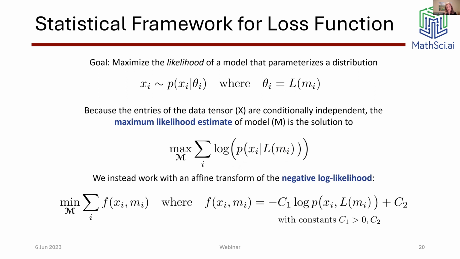Then we're going to work with the negative log likelihood just to make our lives easier. So we're going to minimize some arbitrary f, which we'll figure out for each loss function, that is an affine transformation of what we saw before. Any questions on that? I'll give you some examples which will hopefully bring it home.